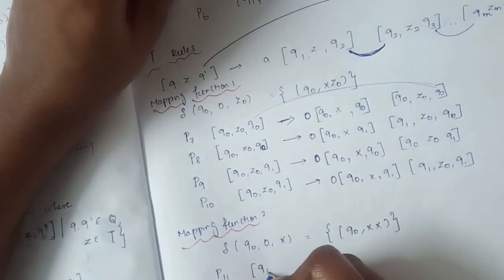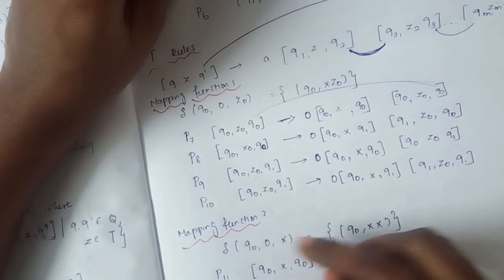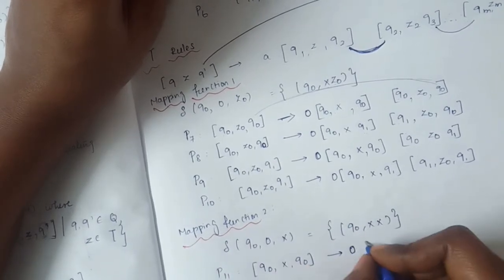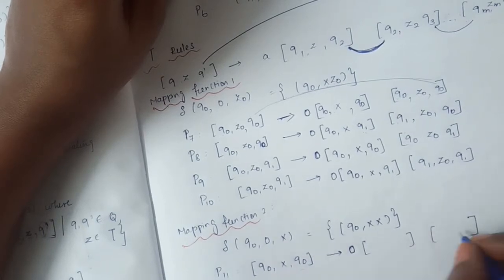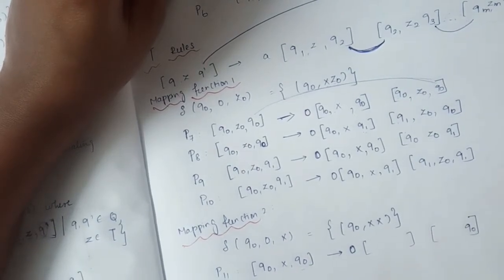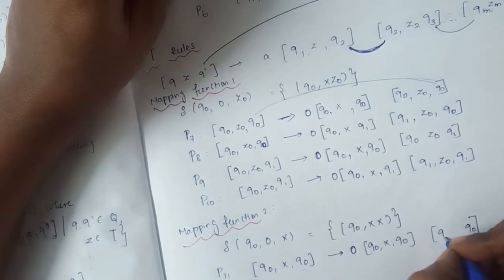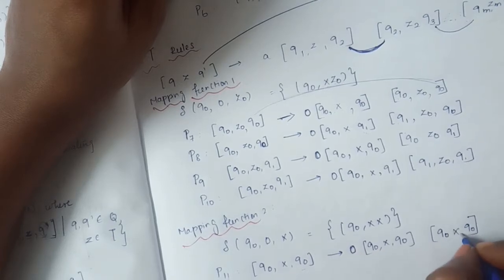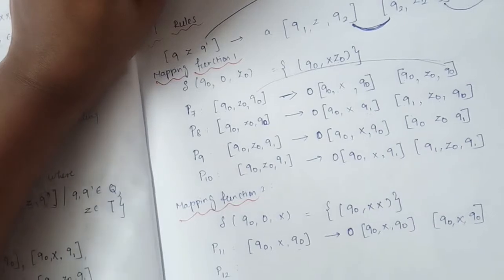So see this Q0 x Q0, Q0 x Q0, and A, which means 0. So when you put Q0 over here, this is Q0 x Q0 and Q0. So first x will be there, second x will be there. This is the way I have to write it.